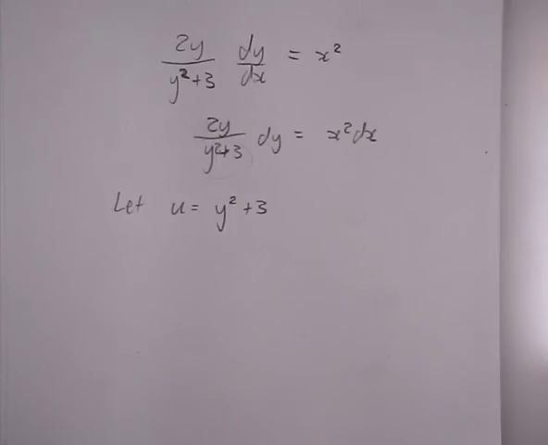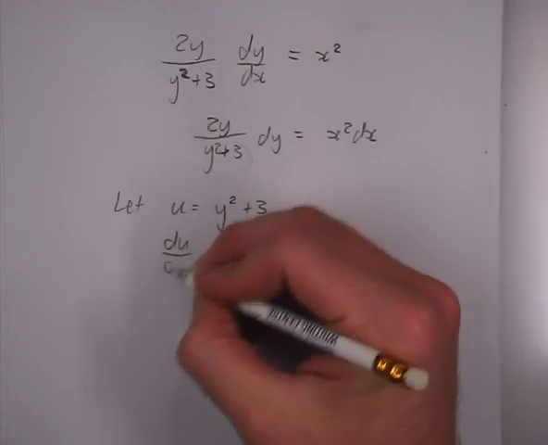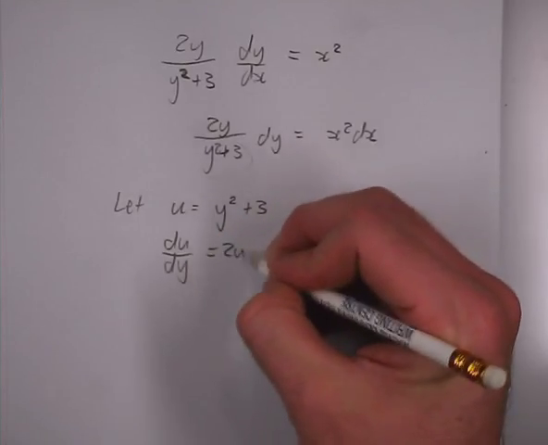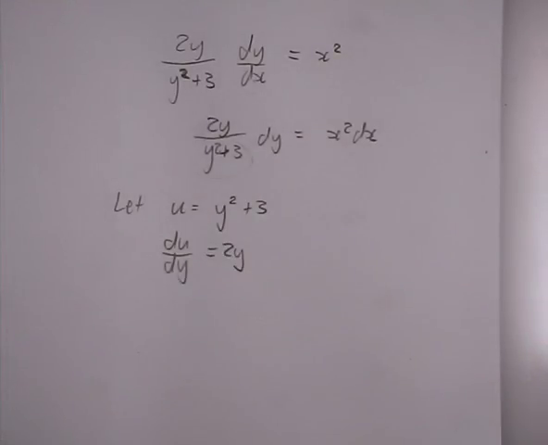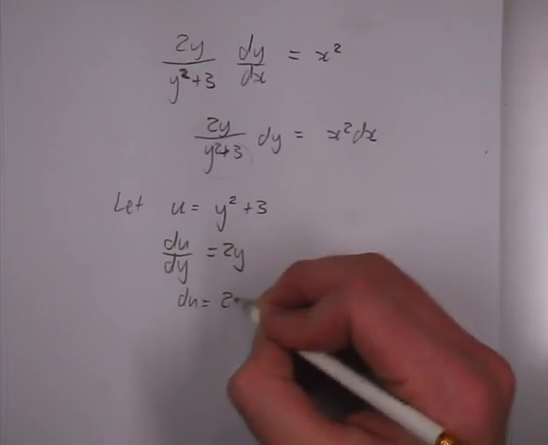U is y squared plus 3. That's the most annoying part. So du on dy is 2y, and so du is 2y dy.